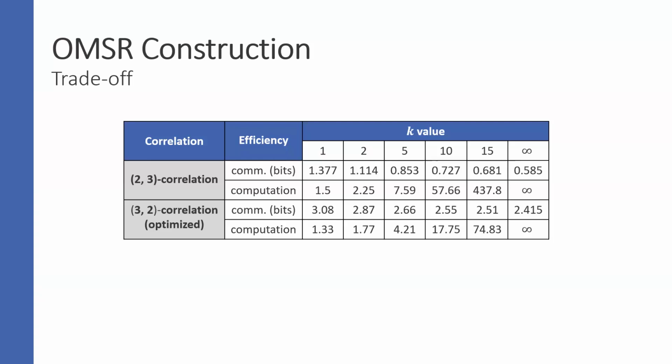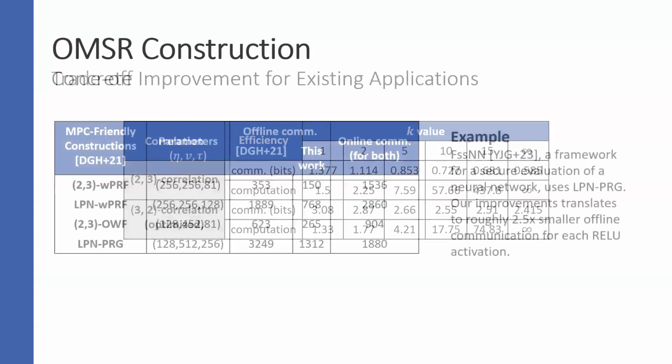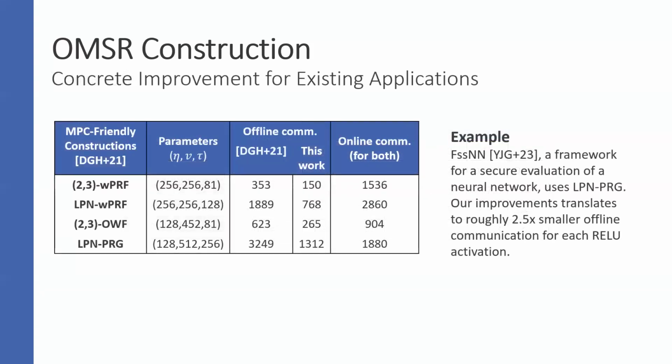I showed the accept-reject protocol for the 2-3 correlation, but it's a fairly similar construction for the 3-6. So this OSR can be plugged into several MPC-friendly 2PC protocols. And as we can see, we cut the offline communication by over a factor of 2.